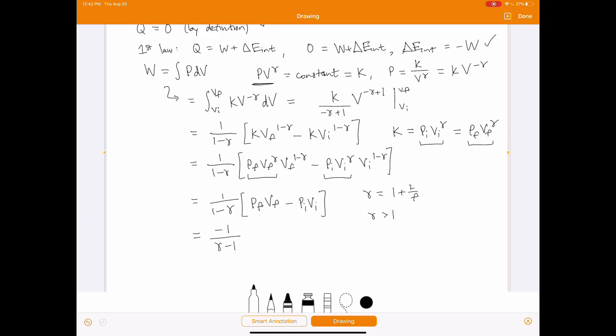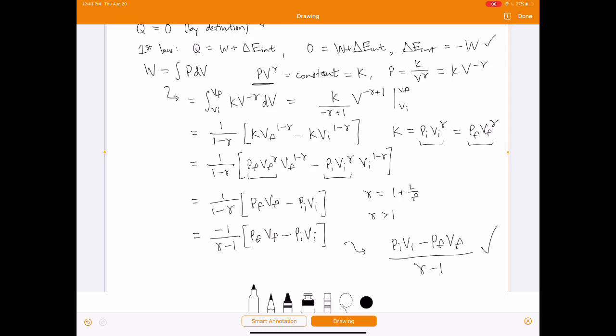Okay? And then I'll have P final, V final, minus P initial, V initial. And then to end this off, if I put the negative sign into the brackets, that would be the same as switching the order of the two terms. So what we have is P initial, V initial minus P final, V final divided by gamma minus 1.